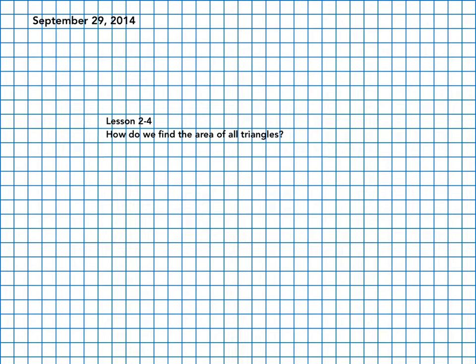As you recall, last time we were working with finding the area of right triangles. And today we're going to carry that a little further, and we're going to start looking at how we find the area of a regular triangle, of all triangles.